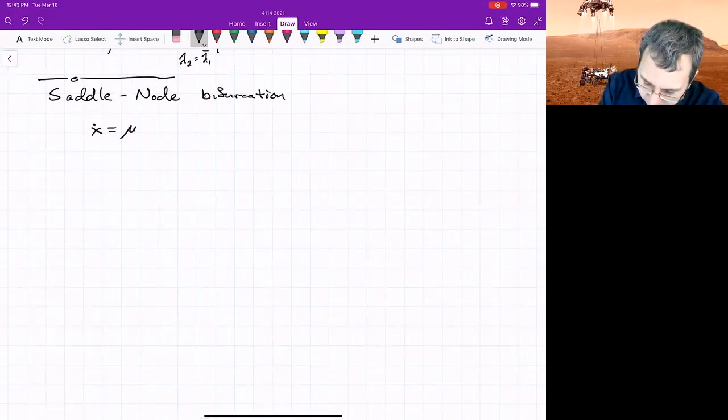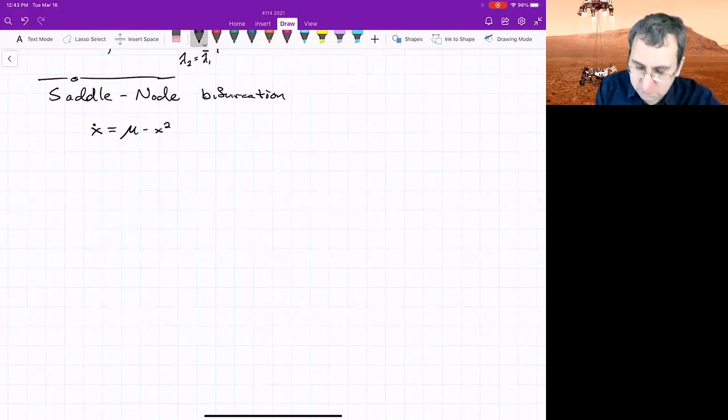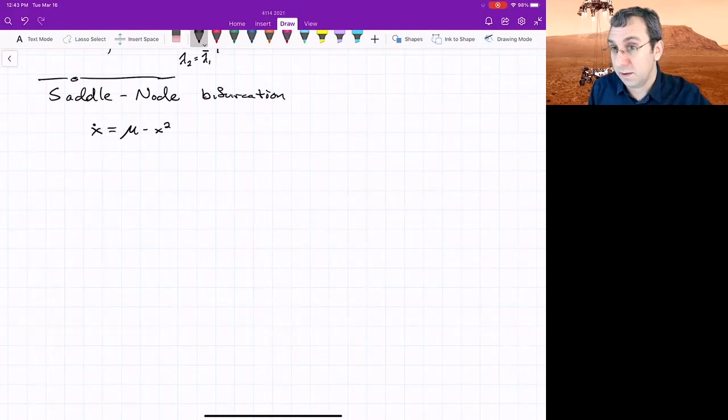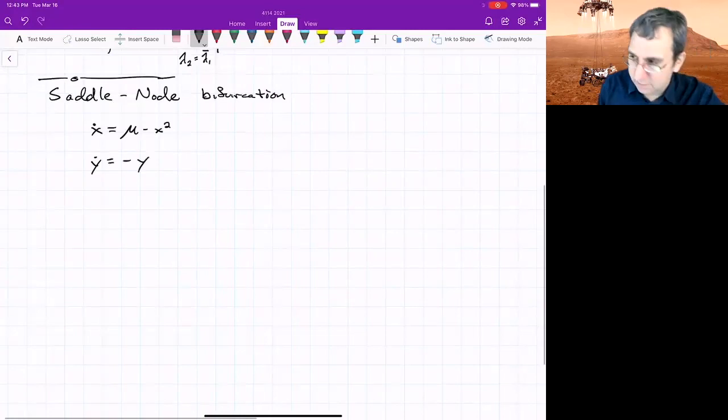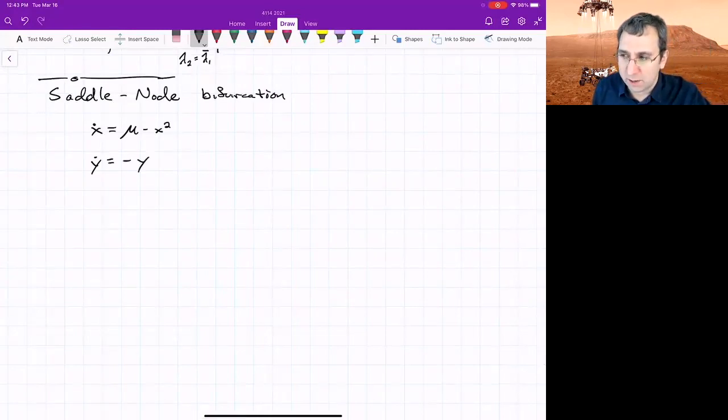We would have x dot equals the parameter mu minus x squared. So those are the dynamics in the x direction. In the y direction, we'll say y dot equals negative y. So the x direction, that's where the interesting stuff happens.